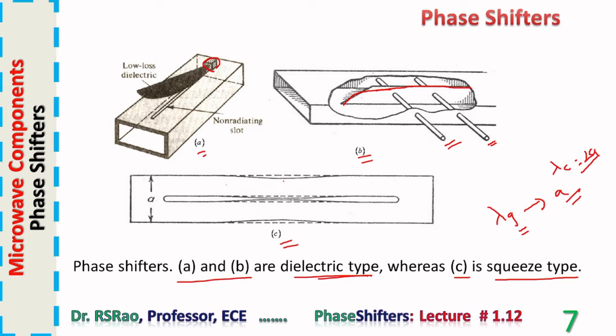Here a is reduced by pressing the side walls. The slot is cut both in the bottom and top broader walls, and the side walls are pushed inside, reducing the value of a. Change in a causes change in lambda g, which causes the amount of phase shift. This is the underlying principle in the functioning of squeeze type phase shifters.